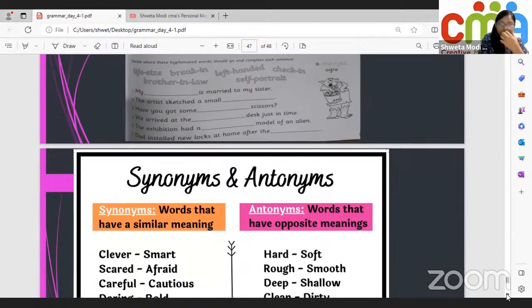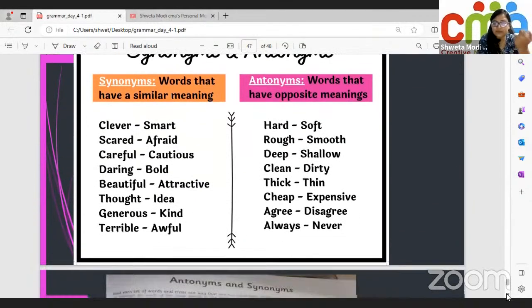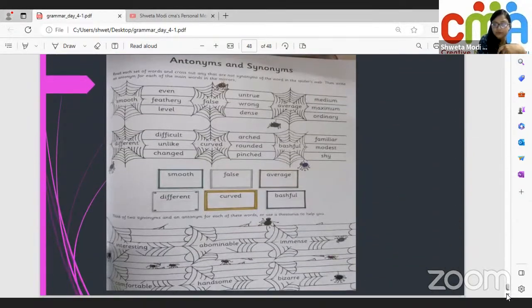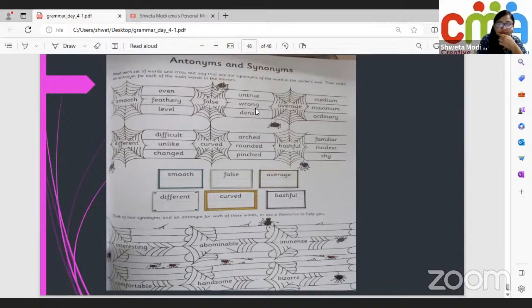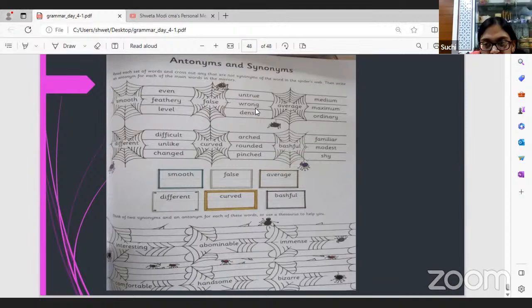Okay. Synonyms and antonyms, similar words and opposite words. These are the word webs. Here you can see smooth. Which word is not the synonym of smooth: even, feathery or level? Which word is not the similar word of smooth? Feathery, yes.